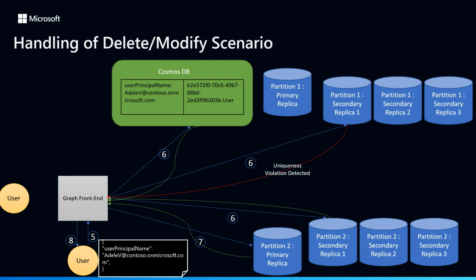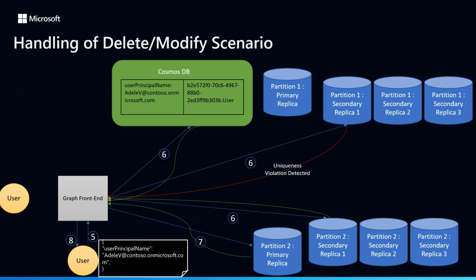So in this case another user is making a POST request with the same user principal name. Ideally this user principal name should now be available to be used by the new user. Here we have Graph Frontend sending requests to the secondary replicas as well as to Cosmos DB.